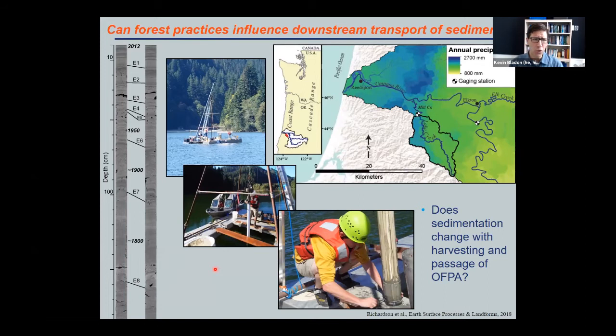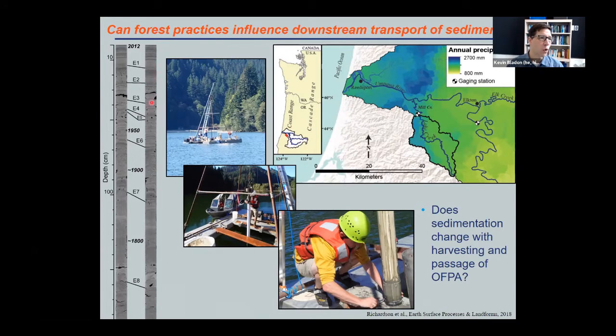There's a really cool study. If you haven't seen this, my colleague Jeff Hatton and one of his students went to Loon Lake, and this watershed is about 90 square miles, with a rich history of forest harvesting practices in the upstream area.